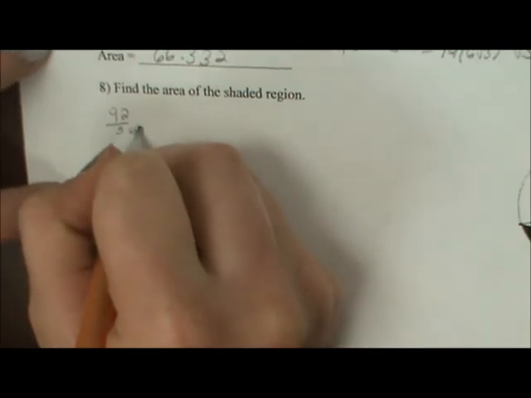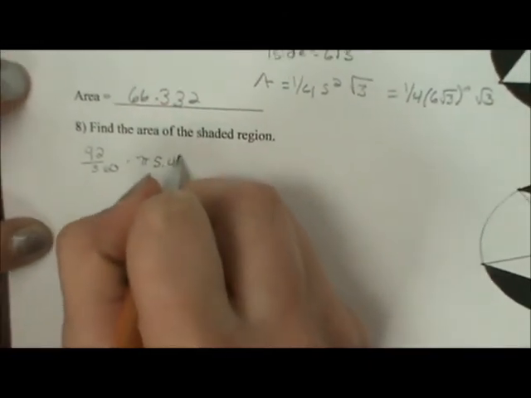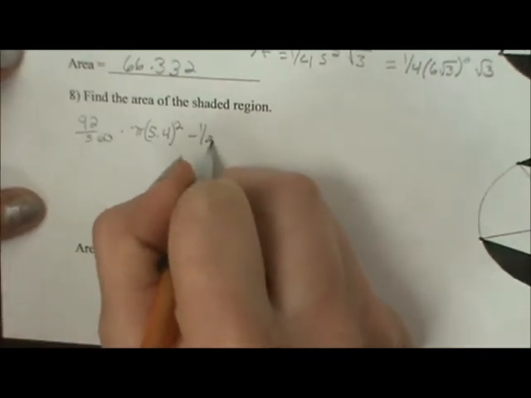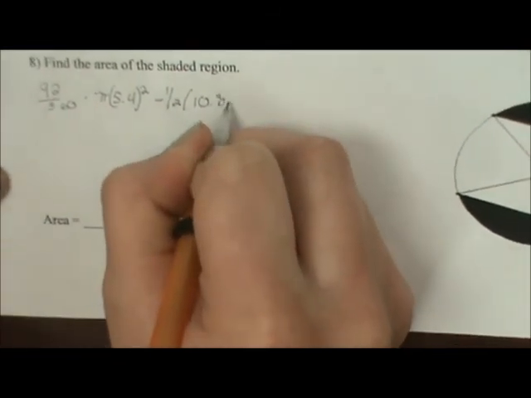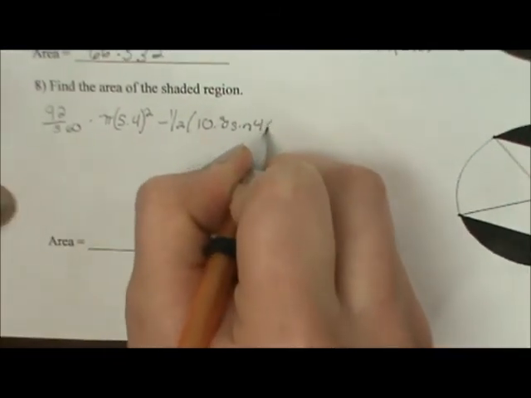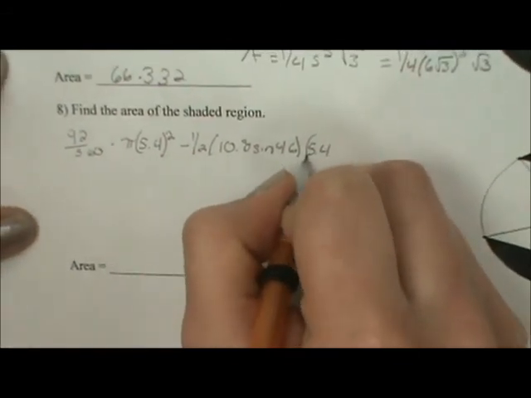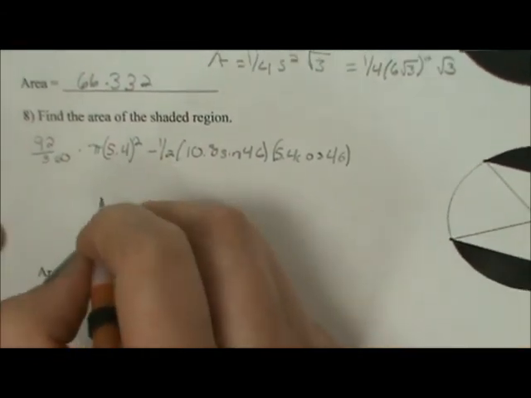And for number 8, to find the area of the shaded region, you have 92 divided by 360 times pi times 5.4 squared minus half times 10.8 sine 46 times 5.4 cosine 46.